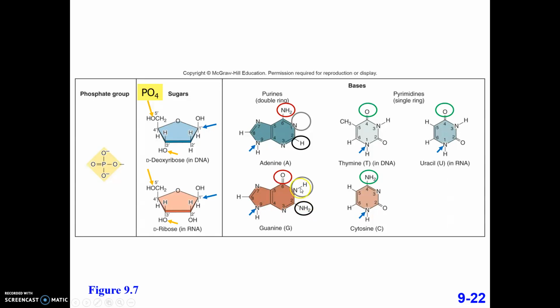And consequently, over here, we have a nitrogen. The nitrogen is a part of the ring, so when we have these Ns embedded into the corners of these shapes, it means that that's a nitrogen, not a carbon. And you can see this nitrogen has a hydrogen bound to it. This one does not have one because there's a double bond here.